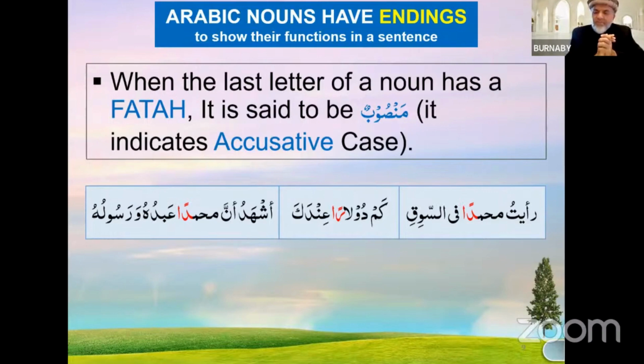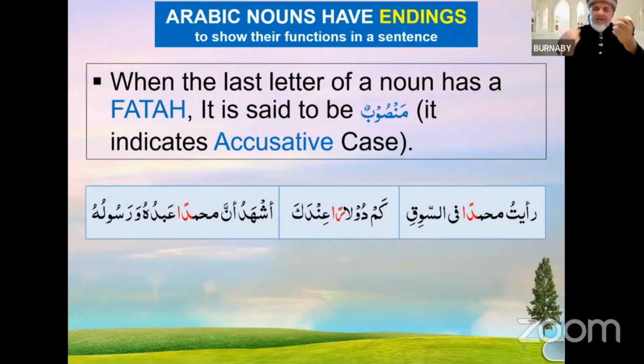Okay. Kam dolaran indak. Dolaran means dollars. The translation of this sentence is: how many dollars do you have? Now, who's the object here? Not you, the dollar. Look at the red part. The object is dollar, the subject is you.